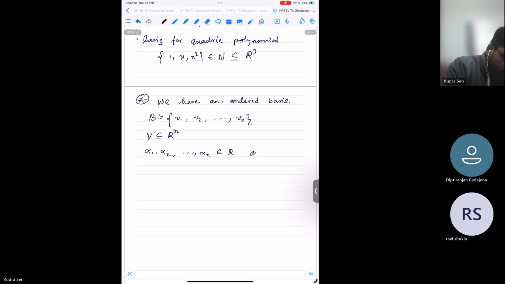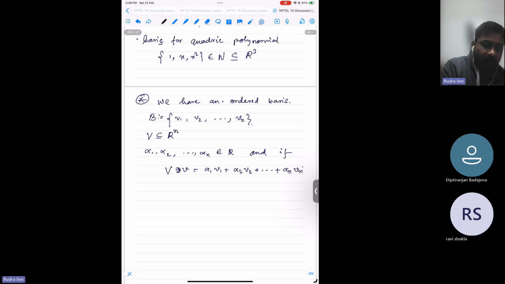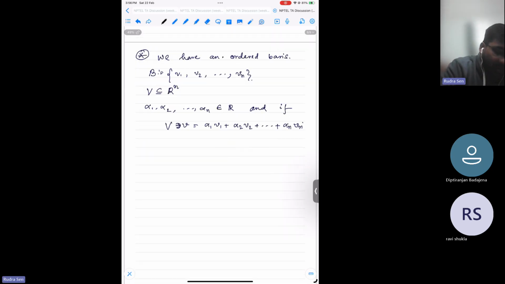And if any vector small v belongs to capital V, we can write it as alpha 1 v1 plus alpha 2 v2 up to alpha n vn. So we can write this whole thing in this format.